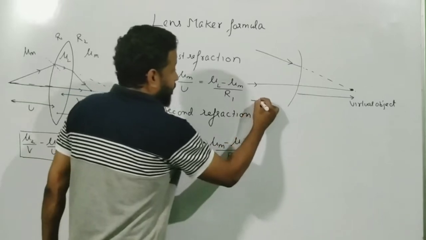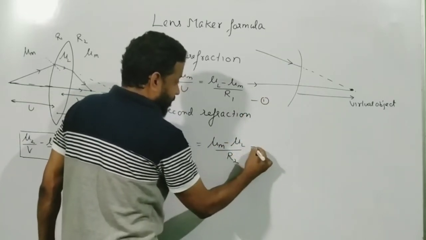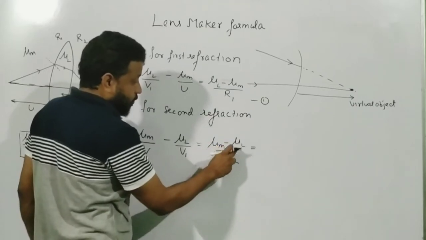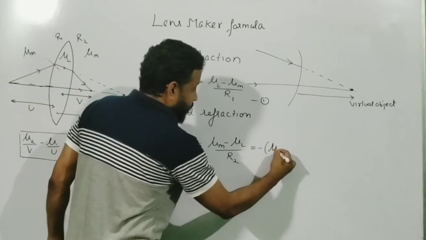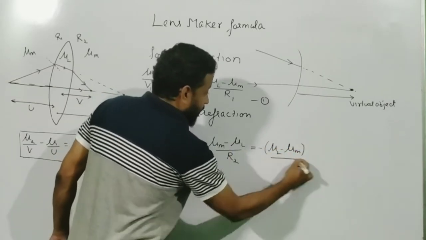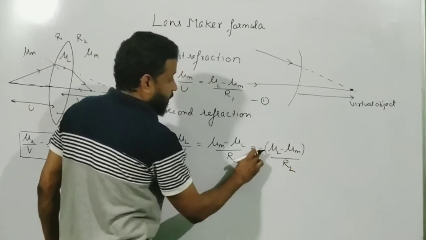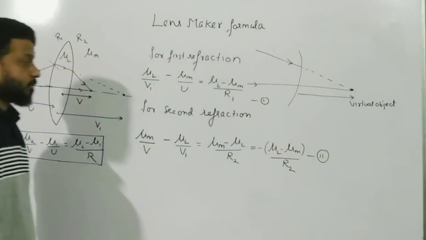If I call this equation 1, I will just modify this. Mu m minus mu l by R2 can also be written as minus of mu l minus mu m, I'm just changing the order, divided by R2. So I have to use a minus sign. Let me call this equation 2.